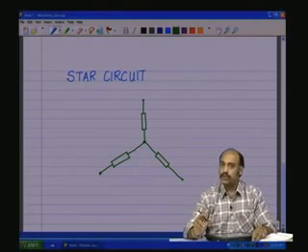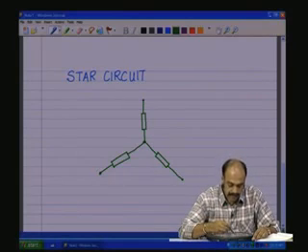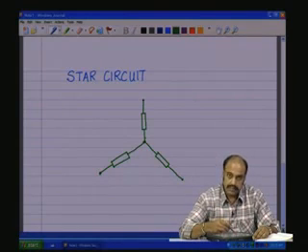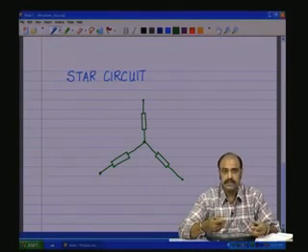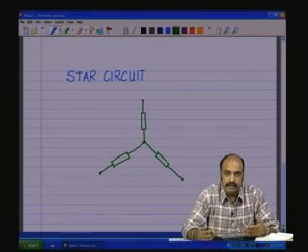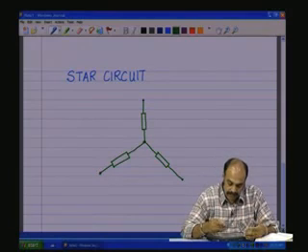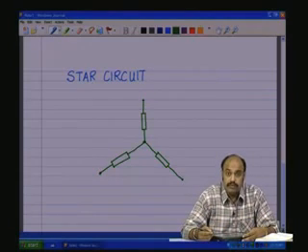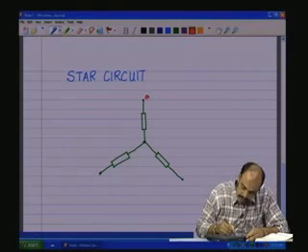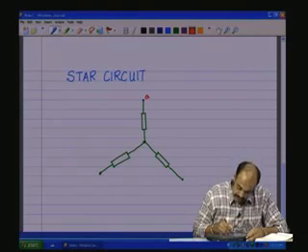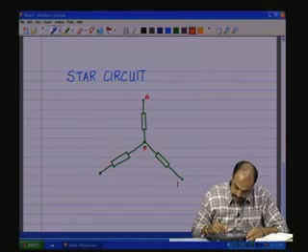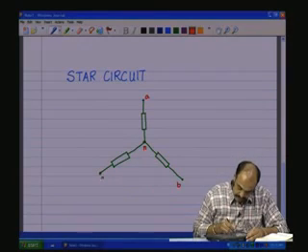So, these were the 2 conditions that we applied, and this picture here is actually the circuit, but the circuit is superposed on an underlying phasor diagram to give you clarity on the voltage relationships between the 2. So, let us call this terminal A, this the neutral point N, this terminal B, this terminal C.